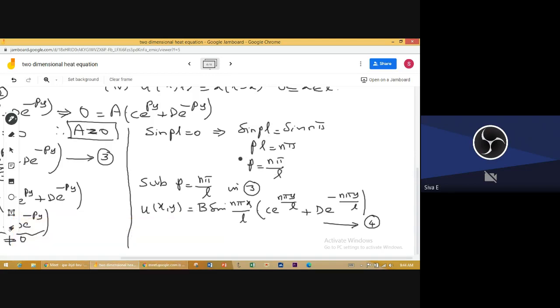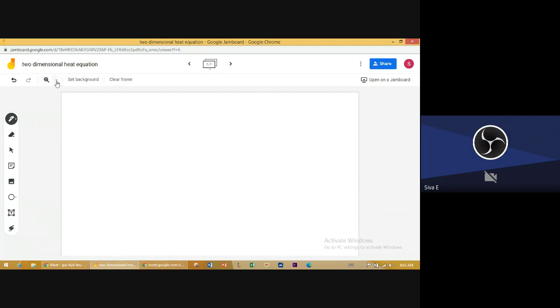So it is a general one, with a = 0 and p = nπ/L, when you are substituting the first and second boundary conditions. So at the end of applying boundary condition 2, you are getting u(x, y) = b sin(nπx/L) (c e^(nπy/L) + d e^(-nπy/L)). This is number 4. Now apply that. Okay, first I split that.